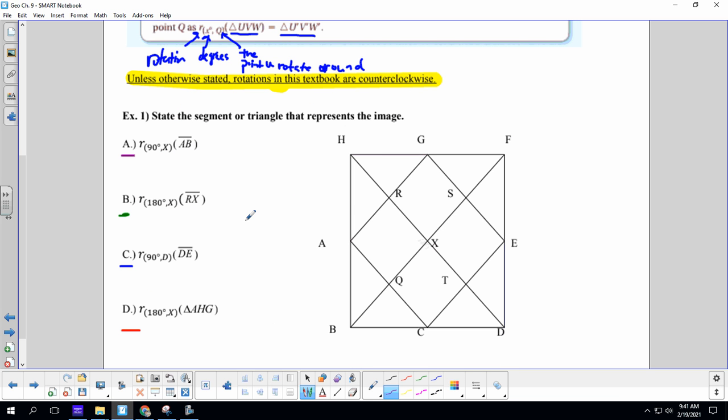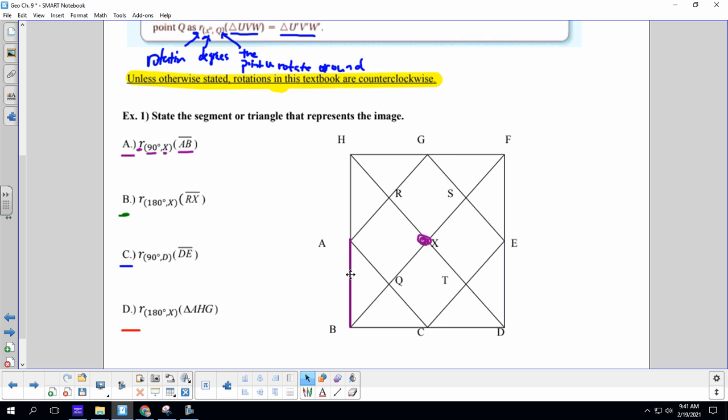All right, let's do some rotations together. The first rotation we're going to do, with little r for rotation, is 90 degrees around point X of line AB. Let's find line AB, and it's going to rotate around point X, and we're going to go 90 degrees counterclockwise.